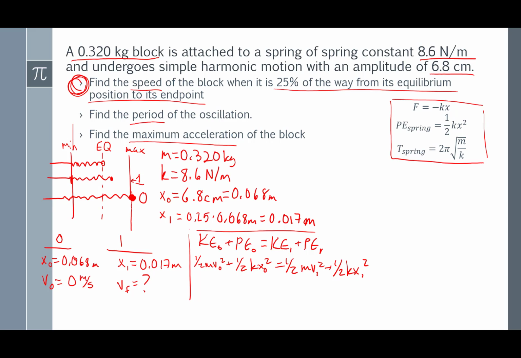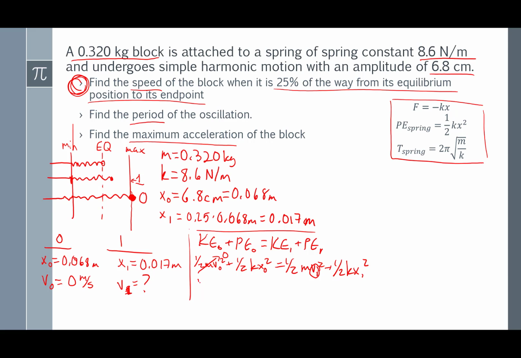Now we can plug in our numbers and solve for our unknown v final, which really is v1. Well, we know our initial velocity is 0, so that term goes to 0. And so we need to solve for v1. Let's subtract off 1/2 k x1 squared.